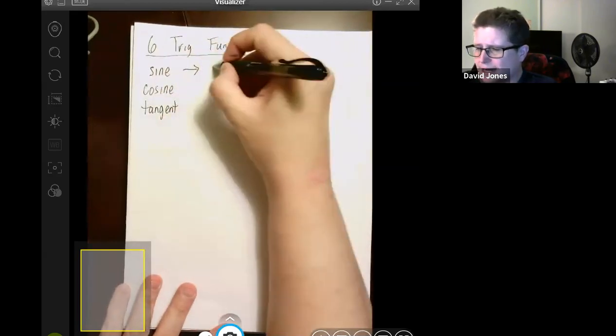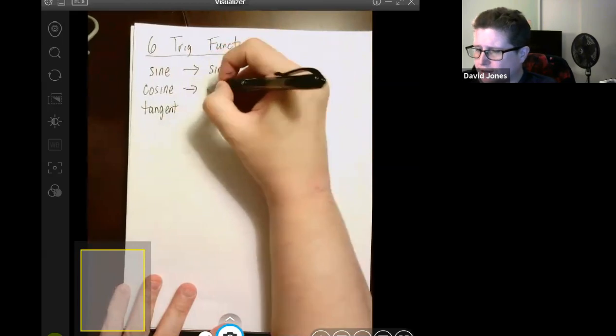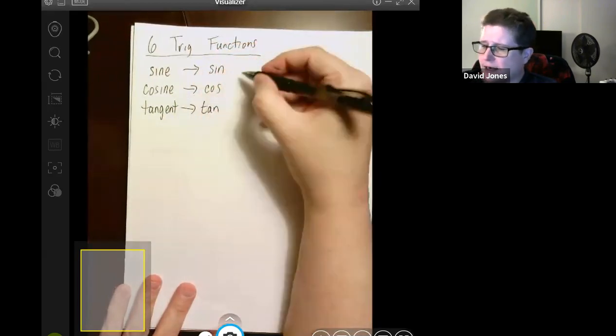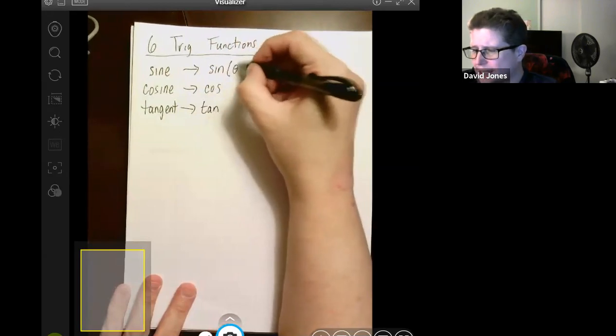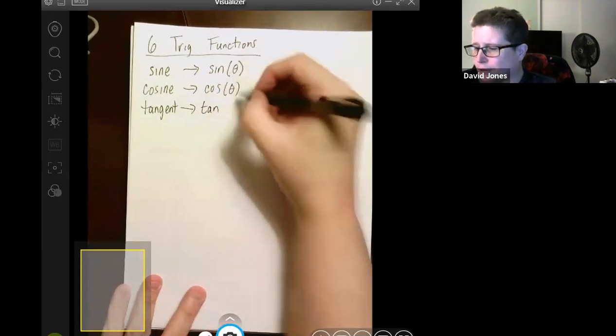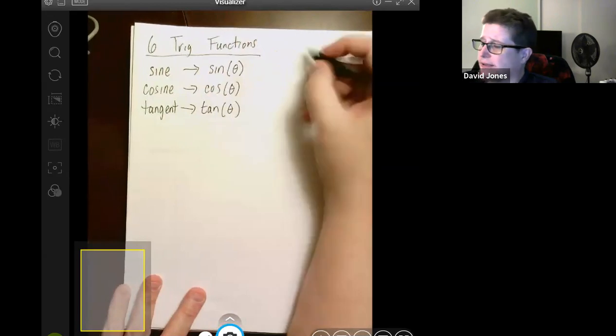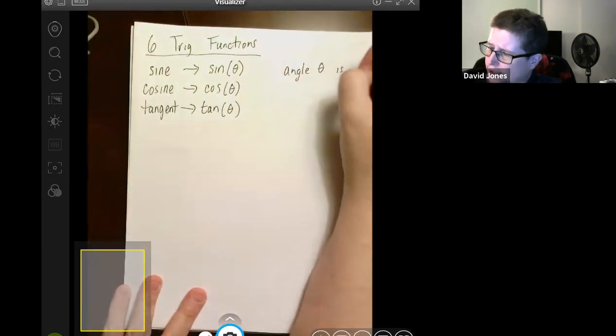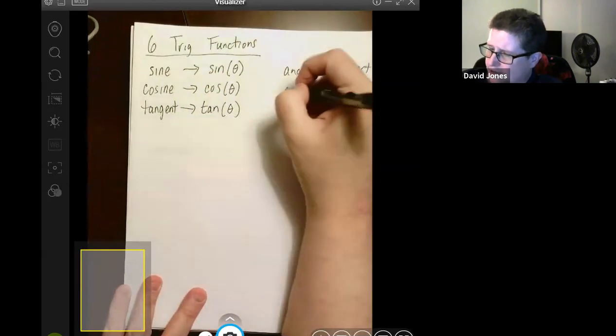When we abbreviate this, we use the first 3 letters. And it always has the angle in parentheses. Angle theta is part of the trig functions.